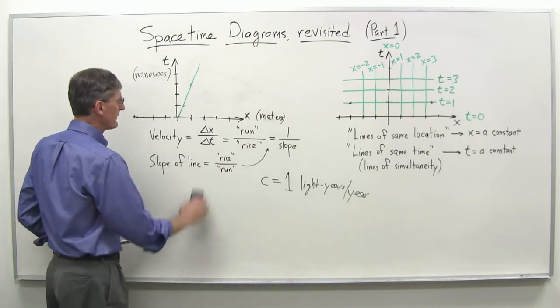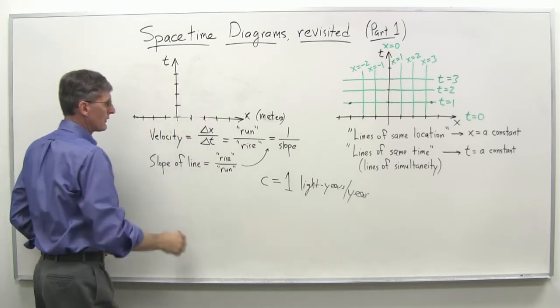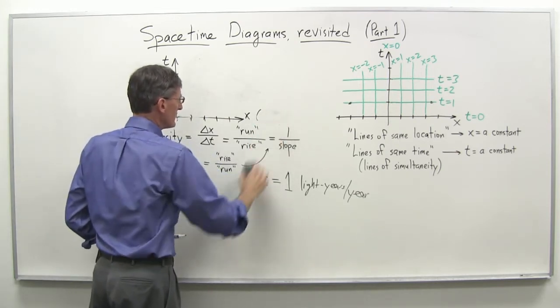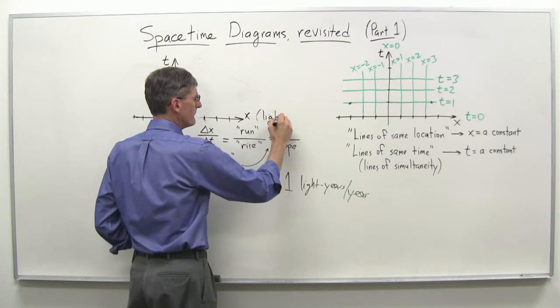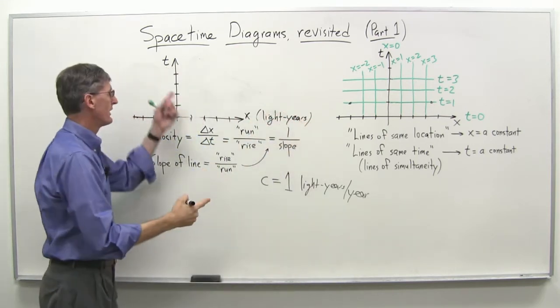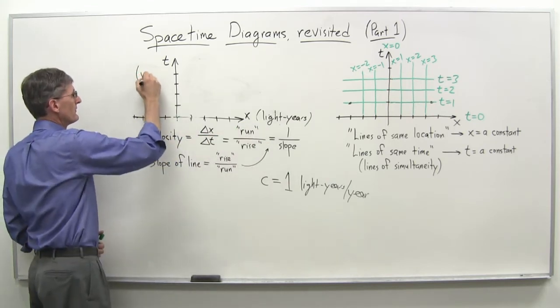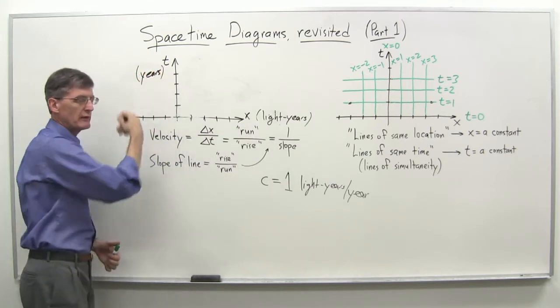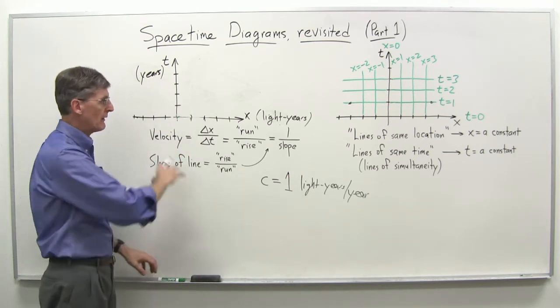So what if we did something like that? Because then, as we will see, our diagram becomes very nice. So let's just say x is in light years. And then whatever we choose for x, that determines our time unit here. It doesn't have to technically. We could put seconds there if we wanted to, but it doesn't make much sense diagrammatically to do it that way.